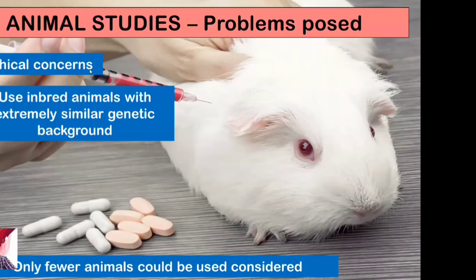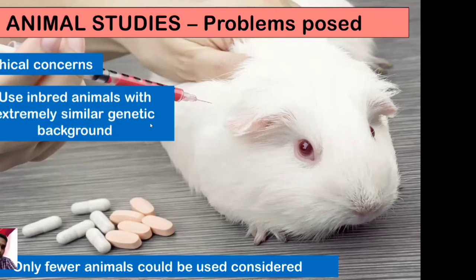Unfortunately, the animals subjected to the studies, means animals in the trials, face substantial mortality or substantial morbidity. We may have to sacrifice the animal, or they have to face substantial morbidity. So it is ethically an important concern.